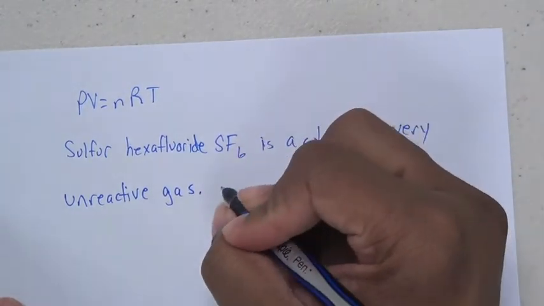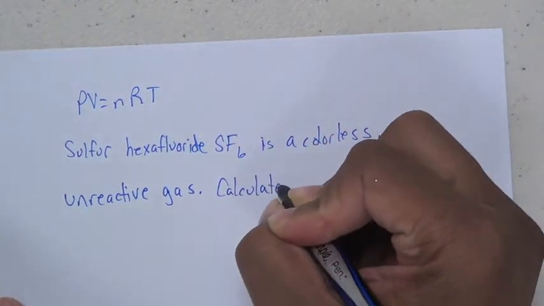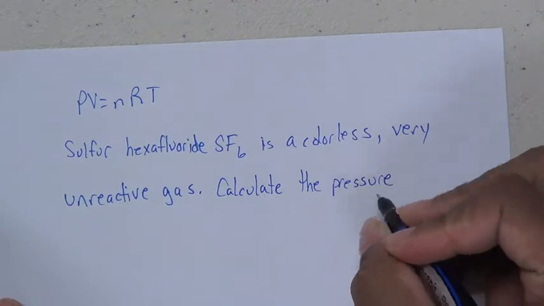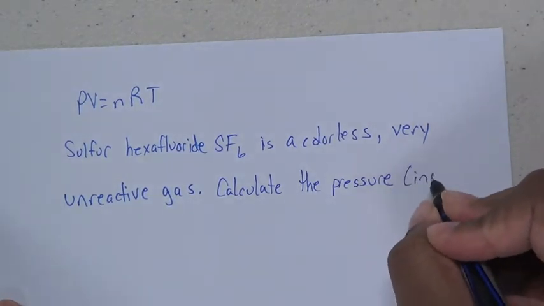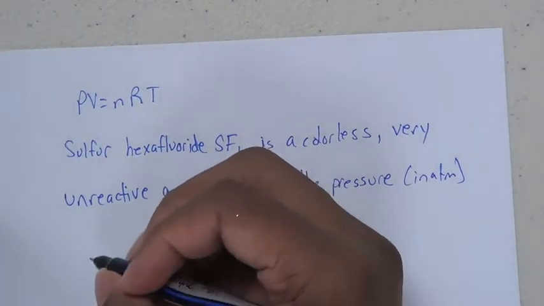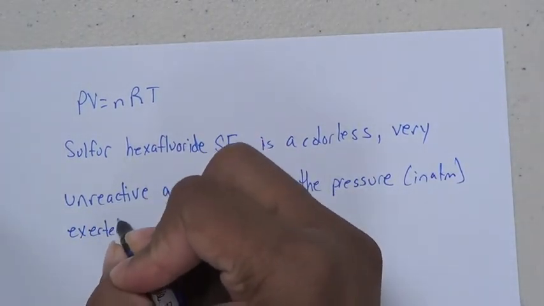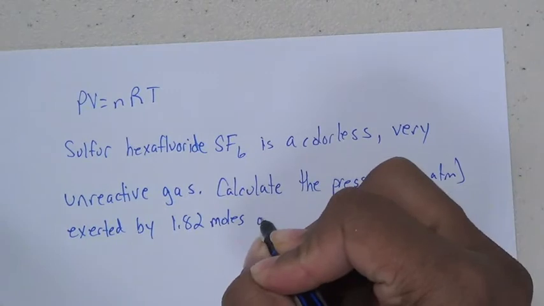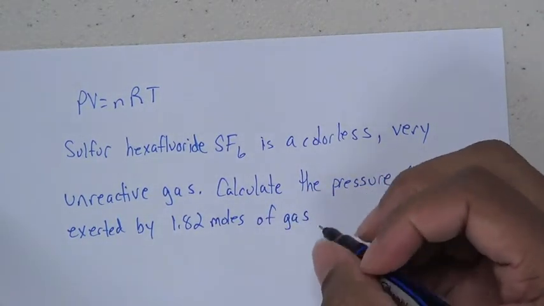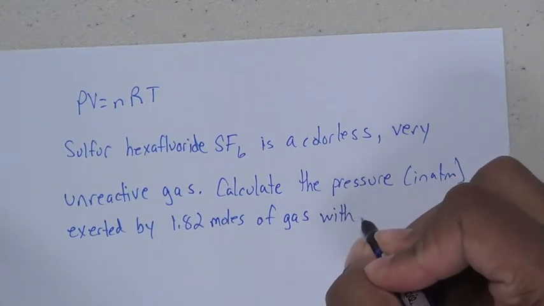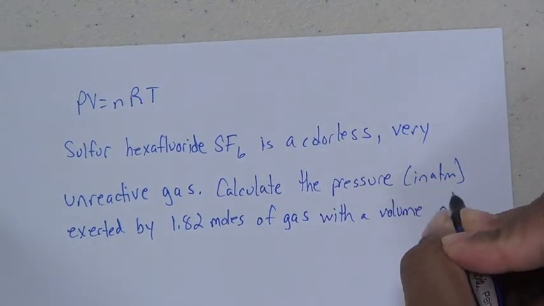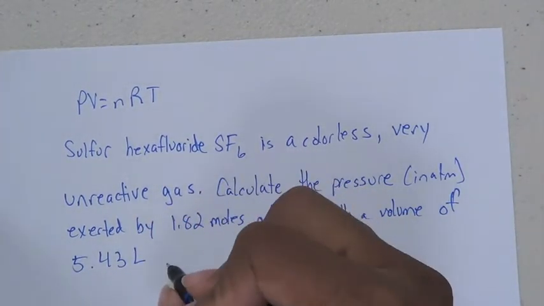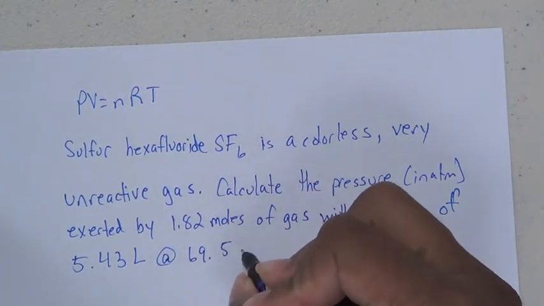It says calculate the pressure in atmospheres exerted at 1.82 moles of gas with a volume of 5.43 liters at 69.5 degrees Celsius.